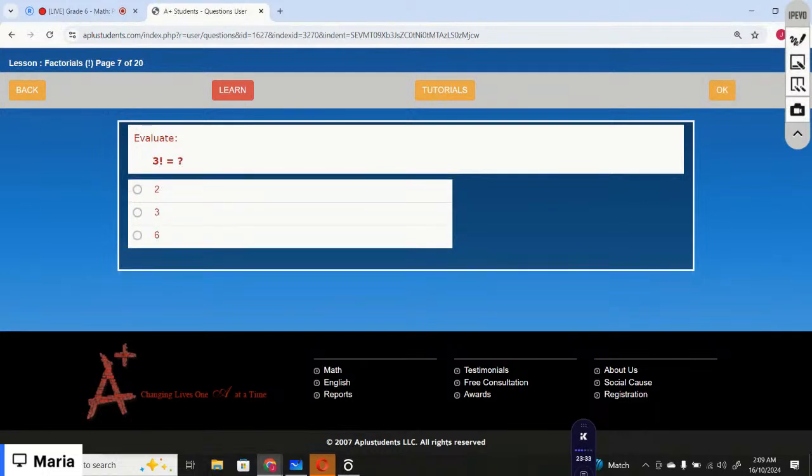So which is the correct option? 3 factorial equals 6. It is option number 3, the correct option.